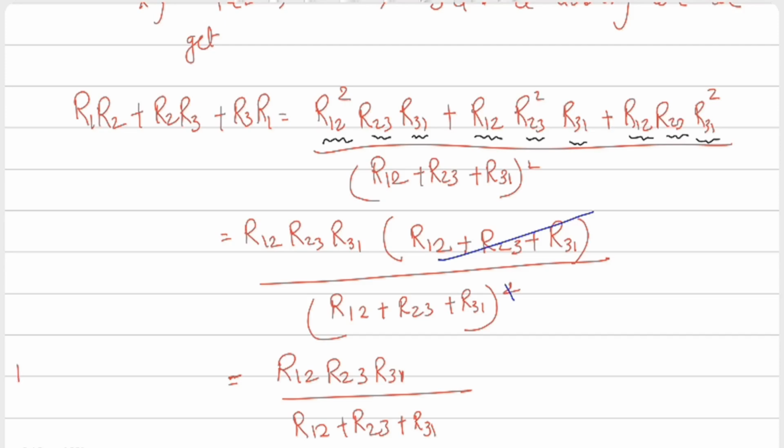Okay. Now here it is R1 R2 plus R2 R3 plus R3 R1.